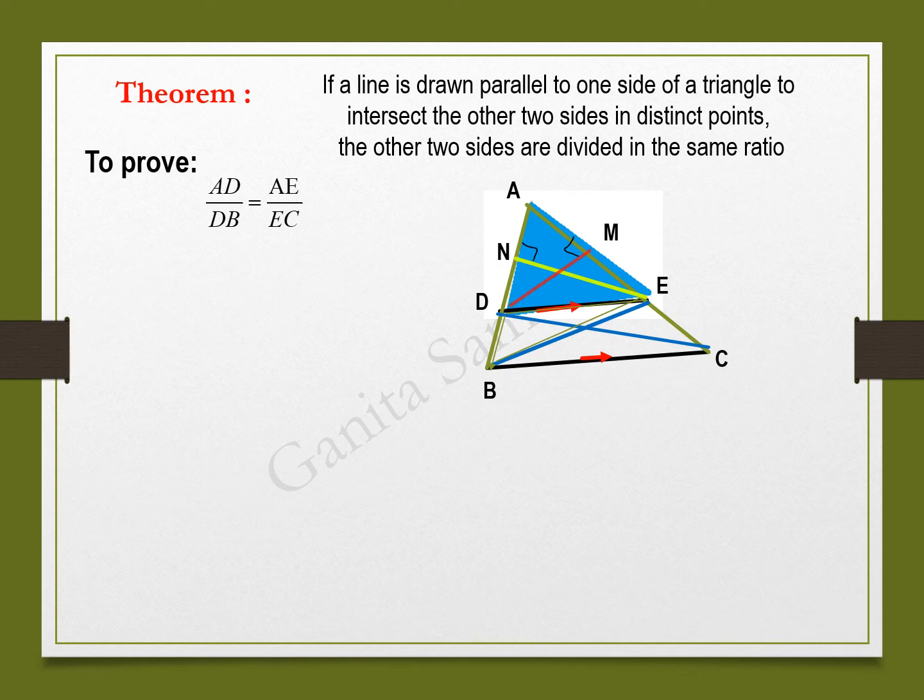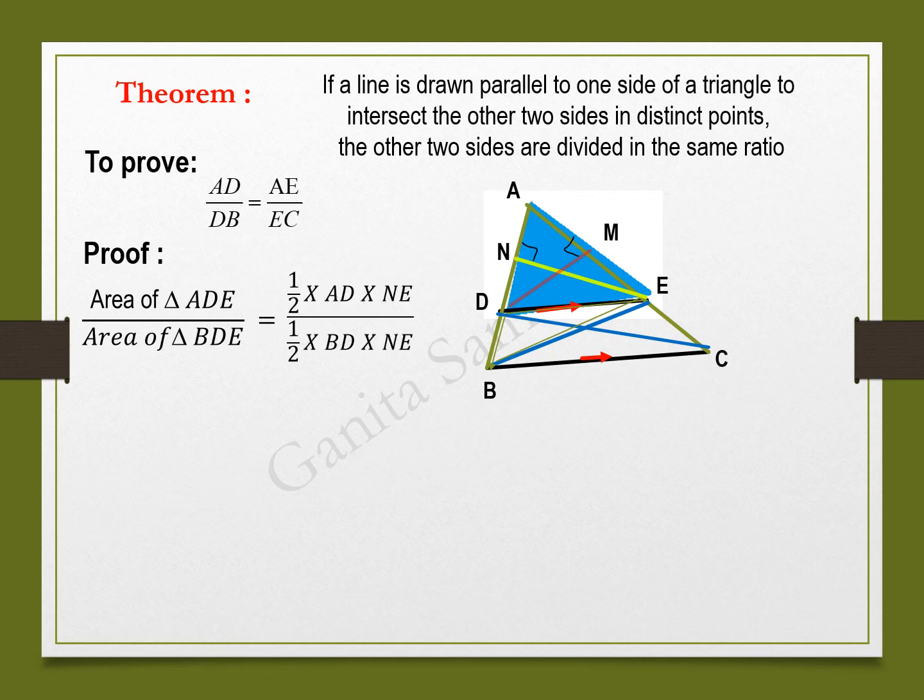You can see that NE is the common height for both these two triangles ADE and BDE. Okay, children. So area of triangle ADE by triangle BDE. What is area of triangle ADE? We are considering AD as a base. So it is half into AD into NE. And what is area of triangle BDE? Half into BD into NE.